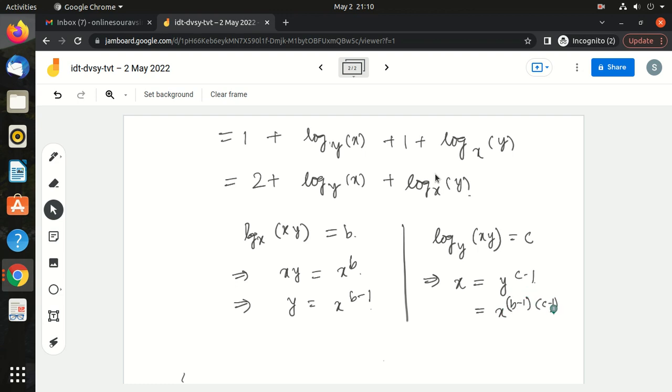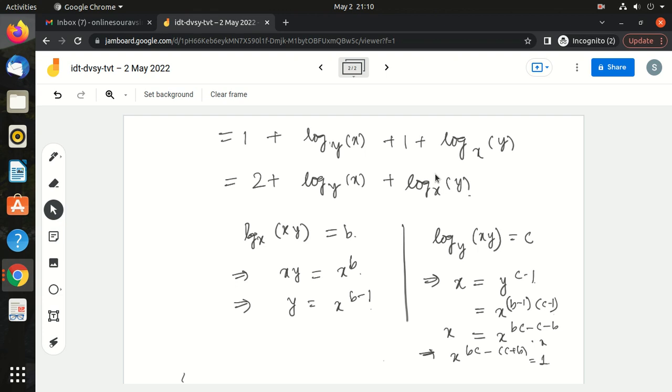So that is x to the power bc minus c minus b plus 1, times x, is equal to this. So x to the power bc minus c plus b equal to 1. So I'm getting this.